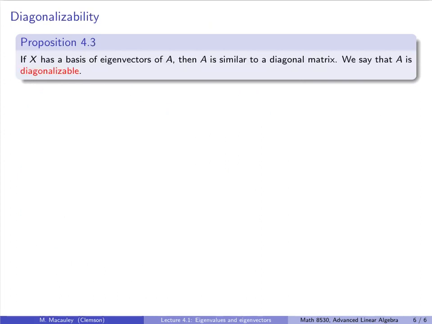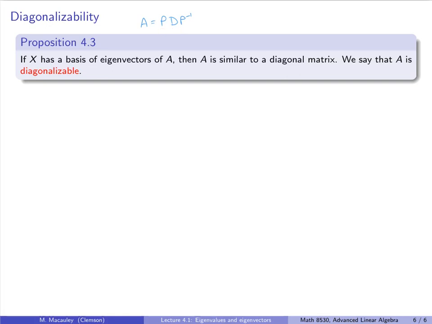Let's continue with the theme of X having a basis of eigenvectors of A. In this case, I claim that A is similar to a diagonal matrix. Recall what that means. That means that A equals P D P inverse, where D is diagonal and P is invertible.